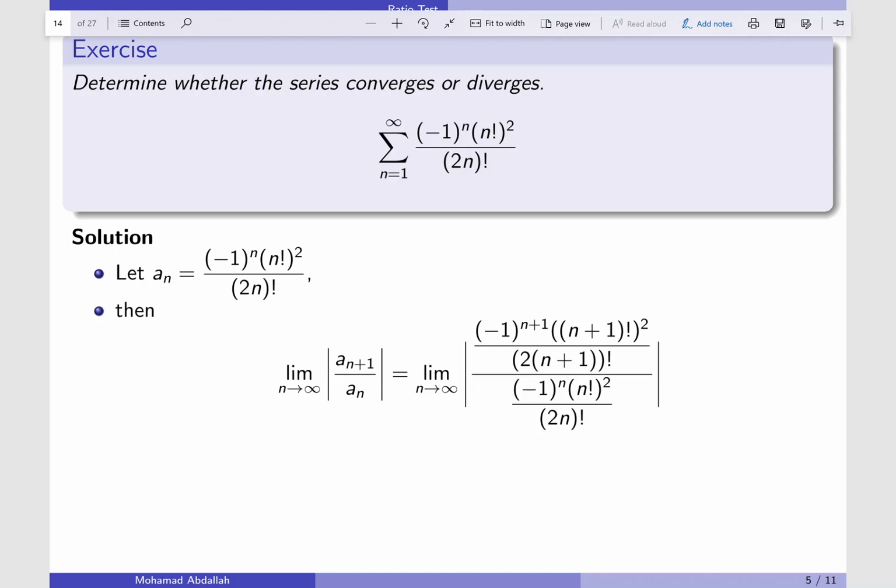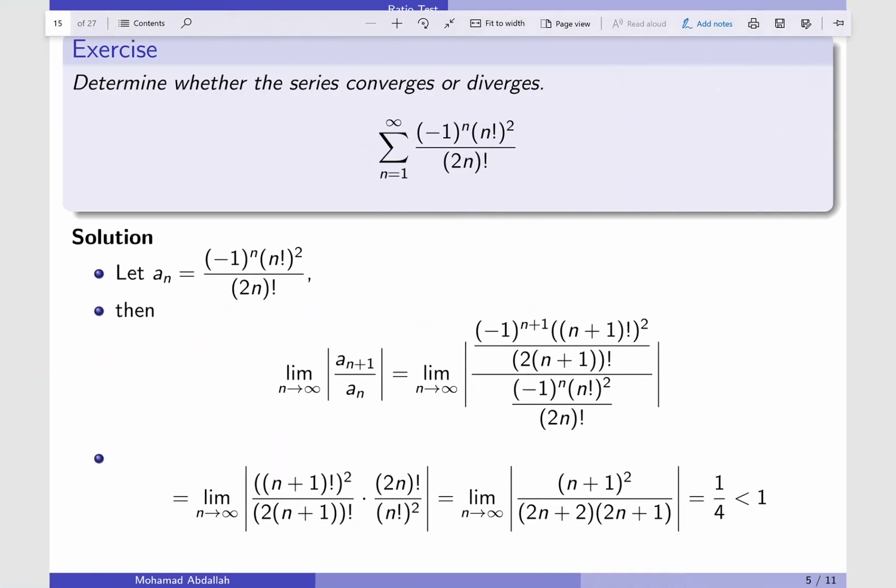First of all, let's note something. Here I'm taking the absolute value of this whole thing. I can drop the absolute value under one situation here. This guy, when you take its absolute value, you're going to get 1. Same thing, this guy, when you take its absolute value, you're going to get 1. So this becomes as follows.